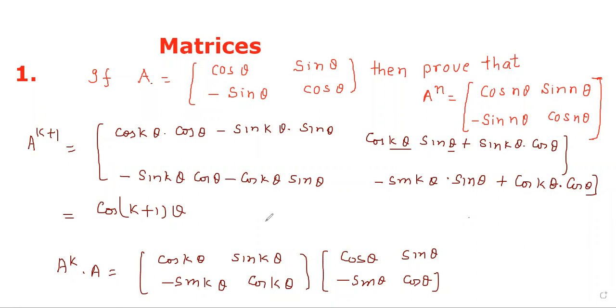So sin (k plus 1) theta. And here, if we take the minus sign outside, then again we will get sin (k plus 1) theta. And this is cos A cos B minus sin A sin B, which is equal to cos (A plus B). So this will become cos (k plus 1) theta.